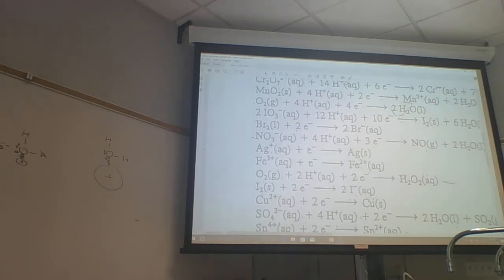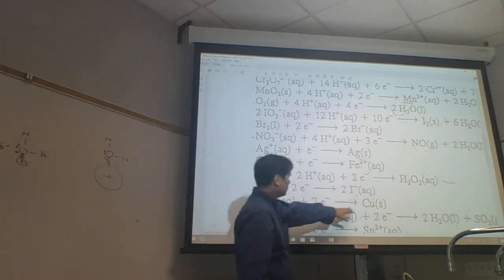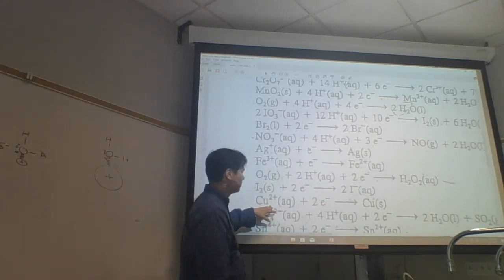This should work to form what? Copper nitrate. What's the formula for copper nitrate? Is it copper 1 or copper 2? When you look at the redox chart, copper goes to copper 1 or copper 2?